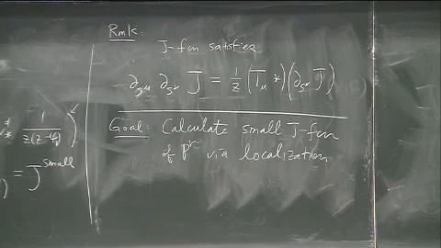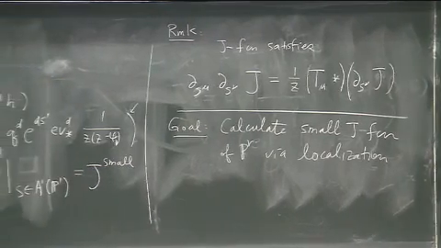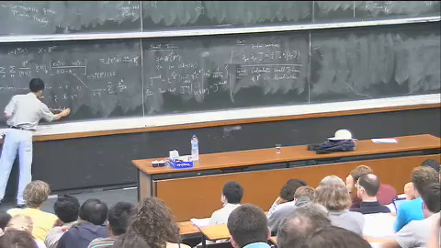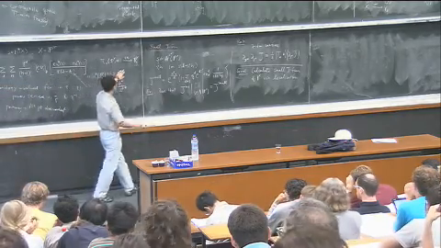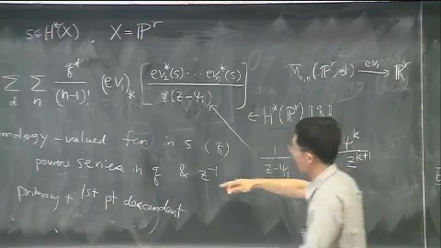You have descendant in the first insertion, okay? So this big J function is a generating function of mostly primary invariants plus the first marked point, where you have descendants. Why?